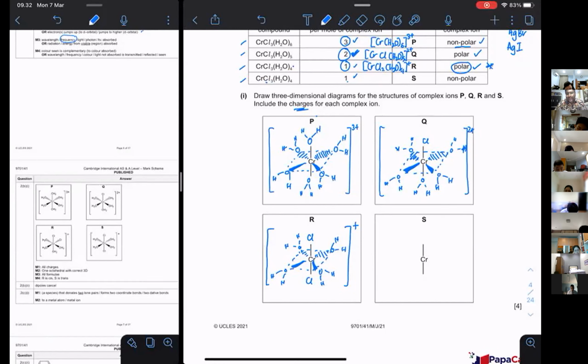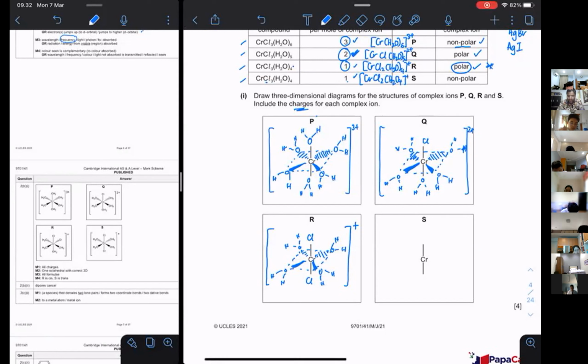Now the CrCl3, there is one Cl went out. So you have CrCl2, H2O4. But here they mention about this one. I think I know what is the problem. Actually, no need to check, they are both the same.